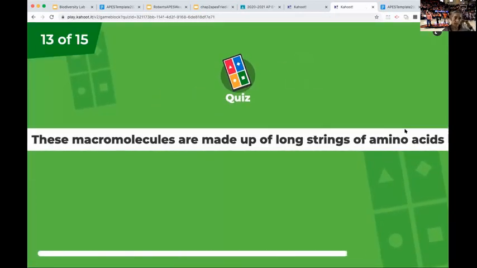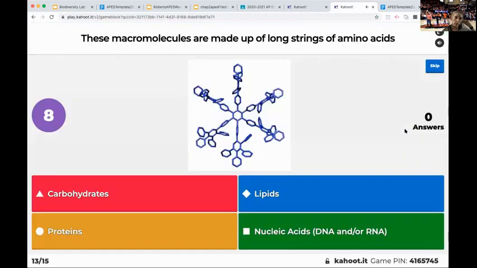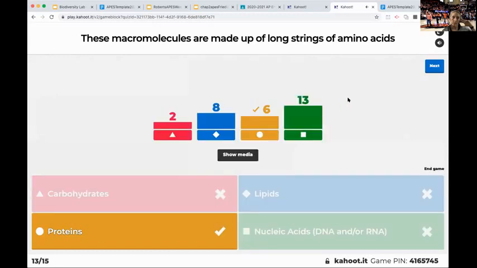Right, and this is the section we have not gone through. Amino acids make up proteins.